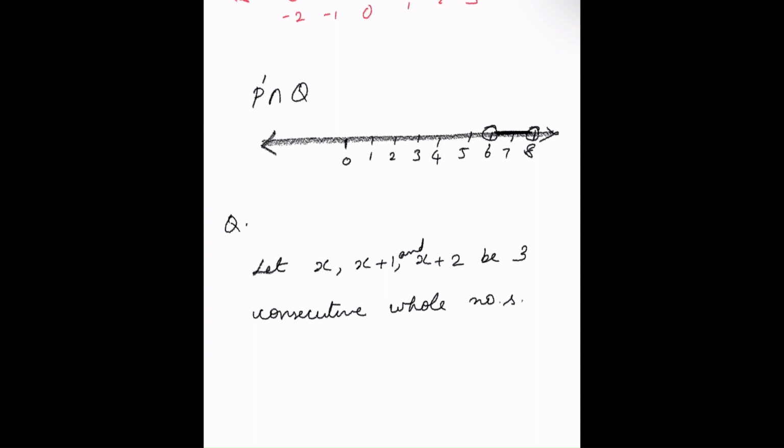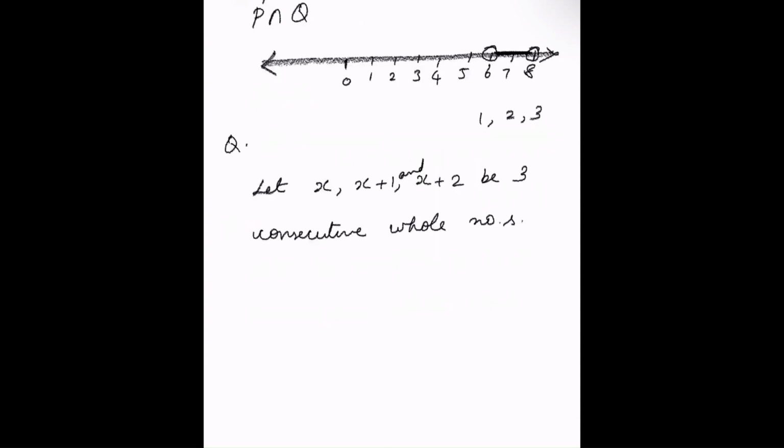Such that the difference between 1/4 of the largest, which is the largest number among x, x plus 1, and x plus 2? If I say 1, 2, 3, among this, which is the largest number? 3, is it not? X, x plus 1, and x plus 2 are 3 consecutive numbers. Among this, x plus 2 is going to be the largest one.